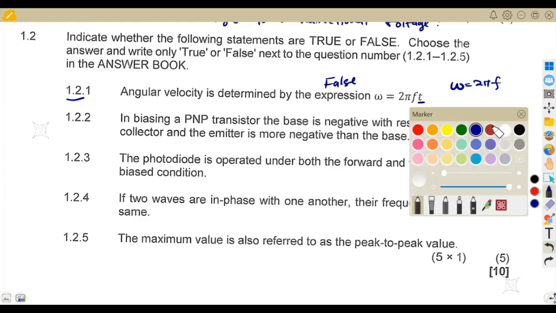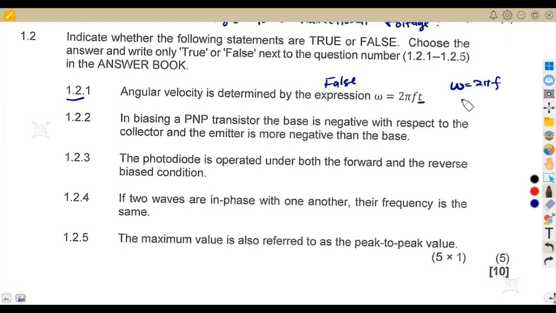The t is found when we are writing the final voltage equation, v is equal to V max sine omega t, whereby we have 2 pi f t as the argument of the sine. So the omega is 2 pi f. T is not part of omega, it's part of the sine. So that was false.